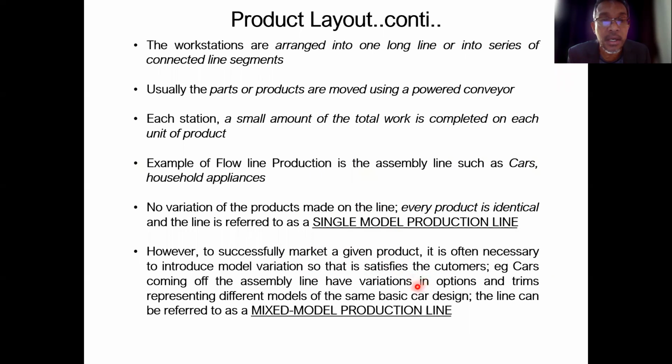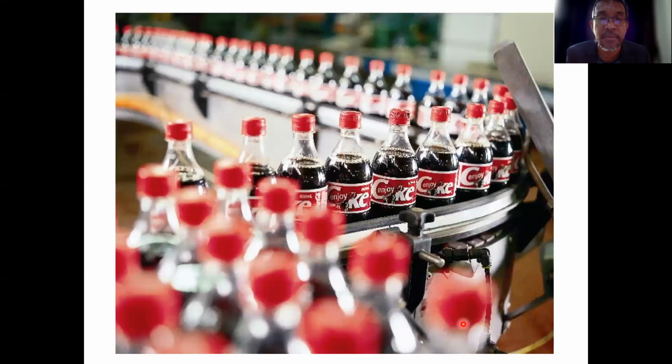For example, cars coming off the assembly line have variations in options and trim that represent different models of the same basic car design. So they can use a different model, different product, but the basic car they will produce in the product layout or fixed line layout. But at the end, they need to do the variation of the different model in a separate line, a separate process. Another example is the bottling process for Coca-Cola, the Coke.